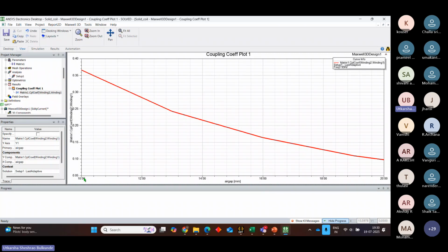For 10, it is more because your primary and your secondary winding are close to each other, right? It is around 0.36, right?